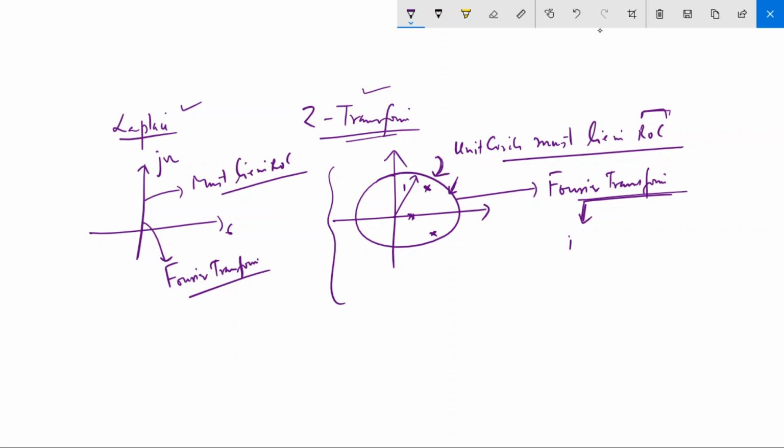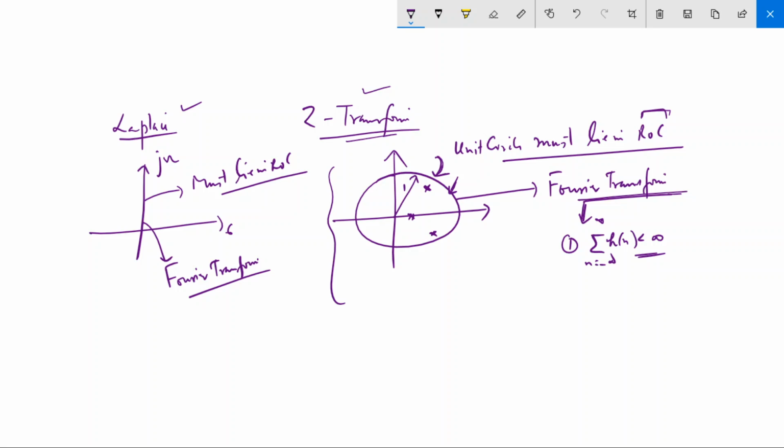The first condition is that this signal must be summable. There are conditions called the Dirichlet conditions that we will discuss. So you can find the Fourier transform of any signal which is absolutely summable.